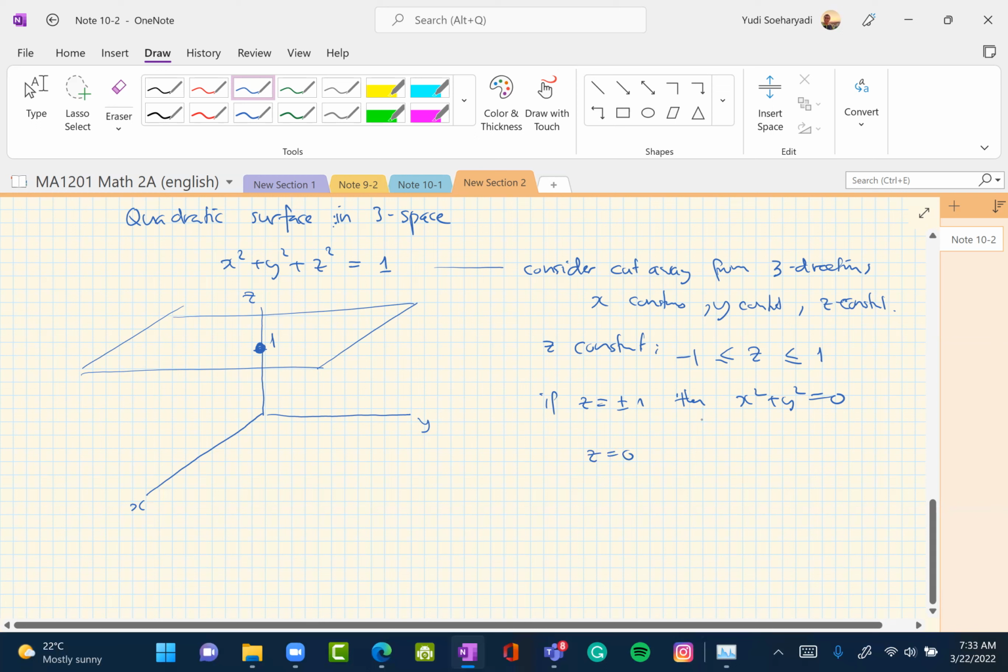Just substitute z equals 0, then you have x squared plus y squared equals 1. Z equals 0 is this plane, the xy plane. Okay, so that's a circle, radius 1.